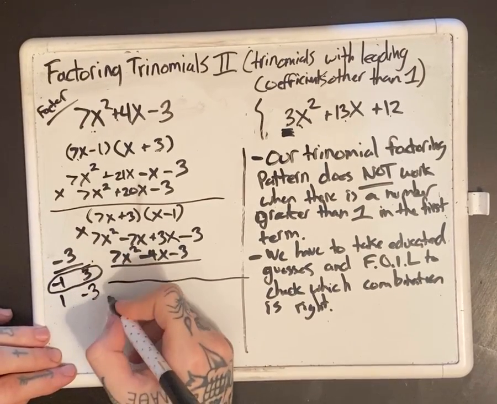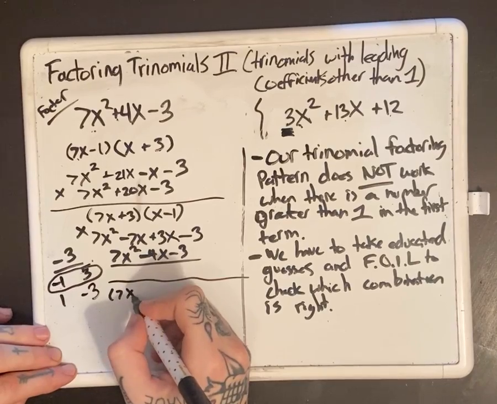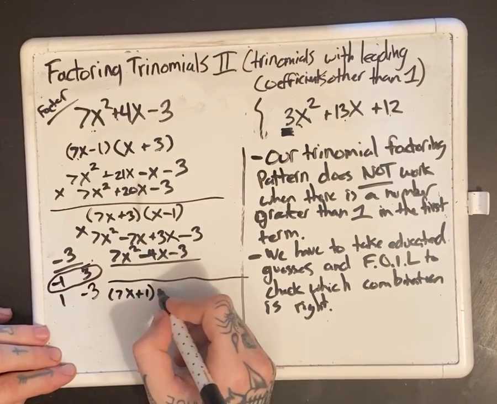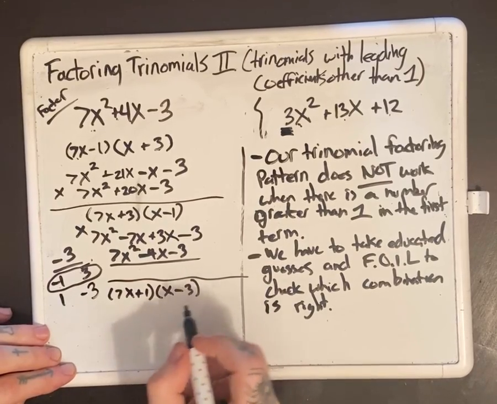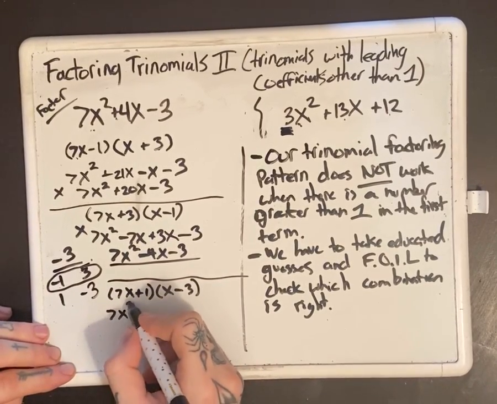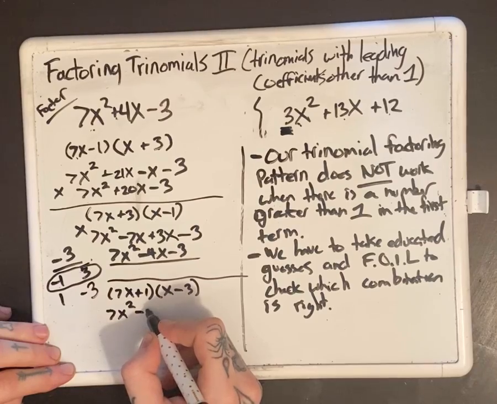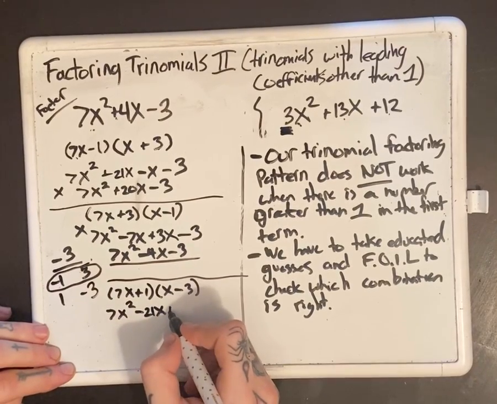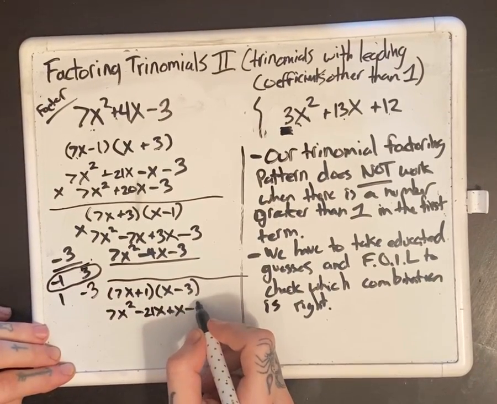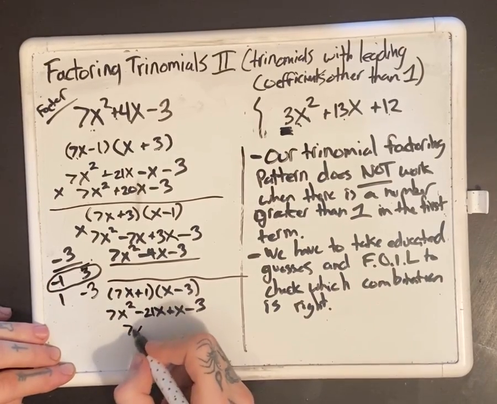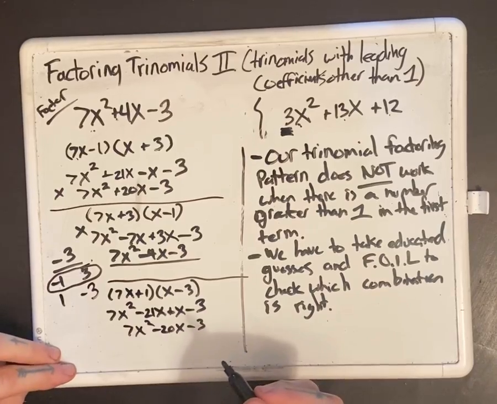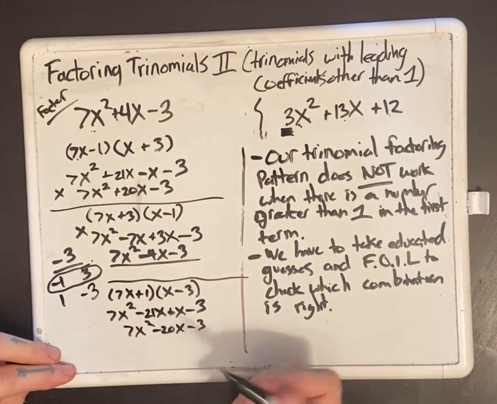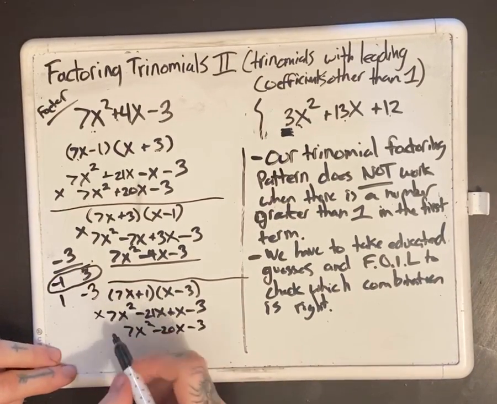So now, sorry about that. So now we're going to move on to 7x plus 1, x minus 3. So this is going to give us 7x squared minus 21x plus x minus 3. 7x squared minus 20x minus 3. So you can see this one's not right either.